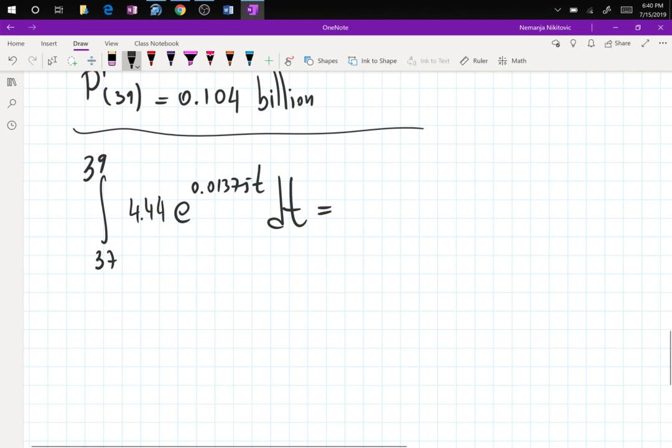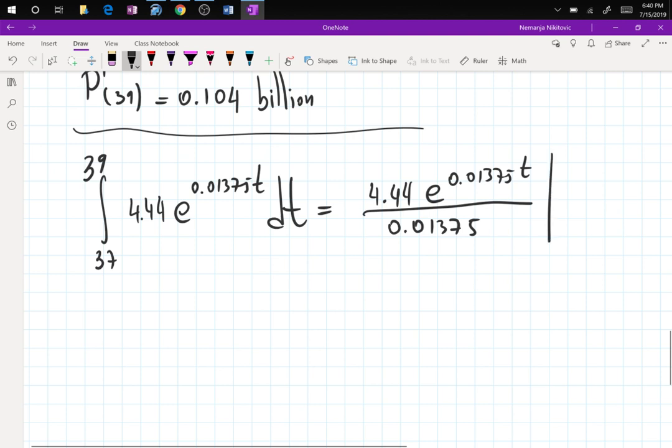Now, when you are integrating, you know that you are dividing by the number that is in the exponent. So we have 4.44 e to the 0.01375 t divided by 0.01375, computed from 37 to 39. So now this is a far more annoying calculation, obviously, than anything before, but it will give us a different concept to work with.